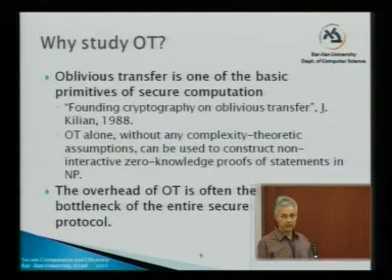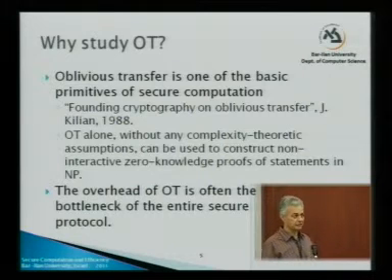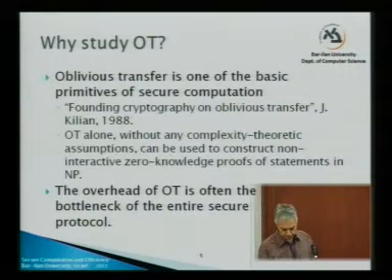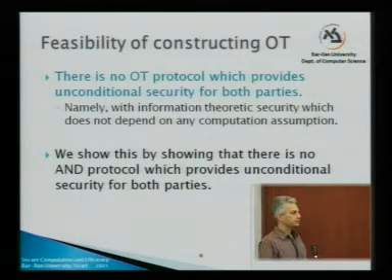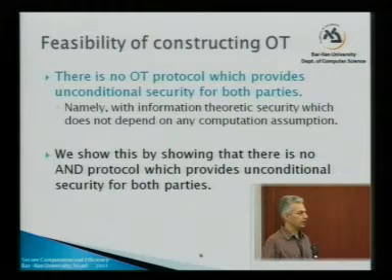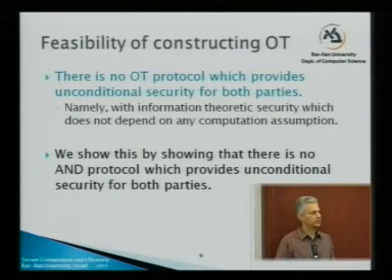So it pays to pay close attention to Oblivious Transfer and try to make it as efficient as possible, or at least to try to understand exactly what we need there.